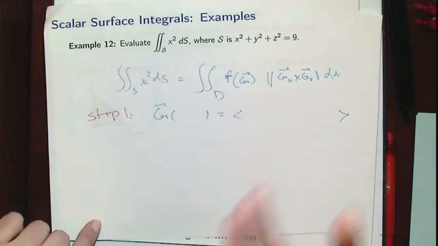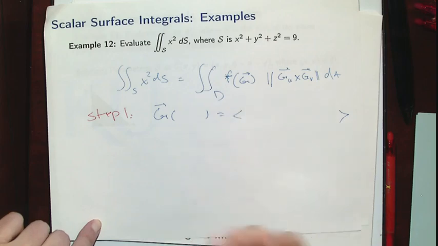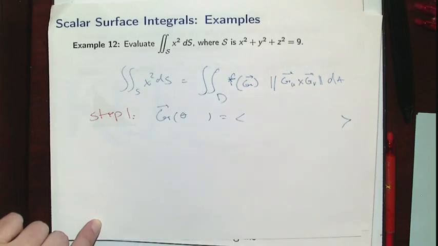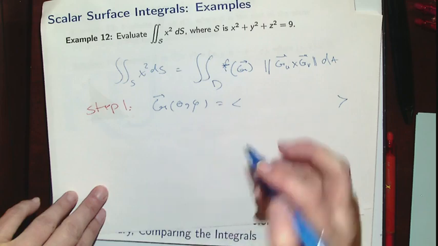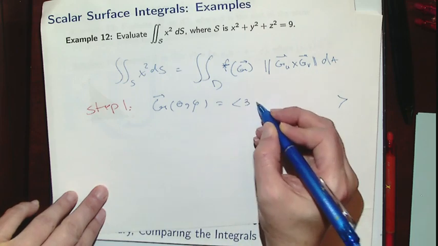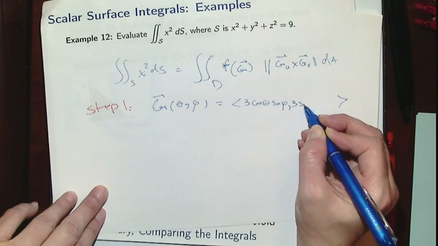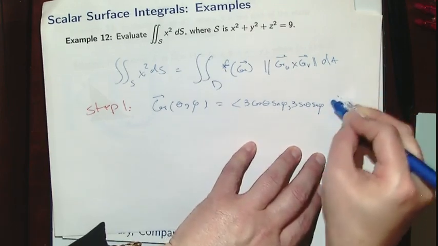What are in spherical coordinates? How many of the parameters am I going to use? To which two? Not R. R is constant. Okay. And then 3 cosine theta sine phi. 3 sine theta sine phi. What's the last one?